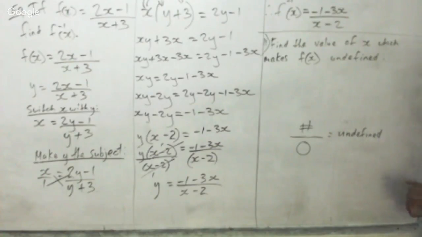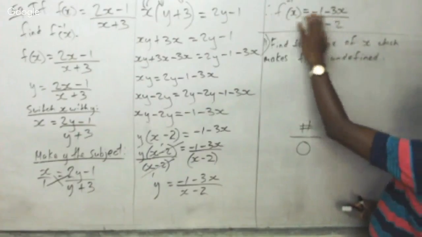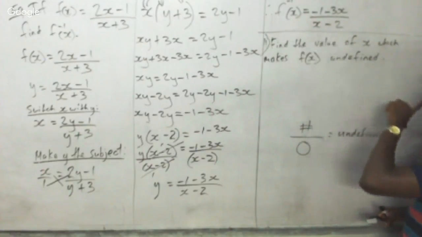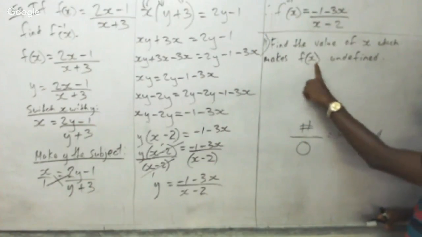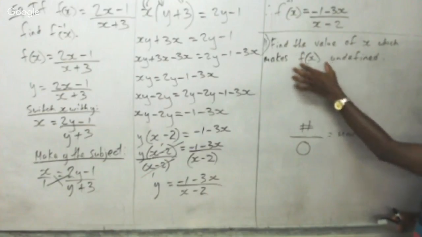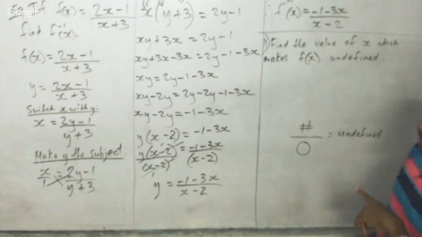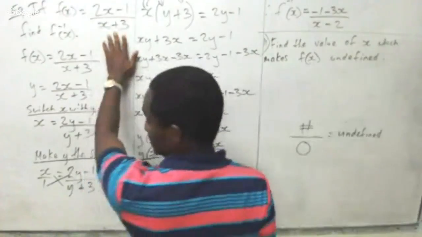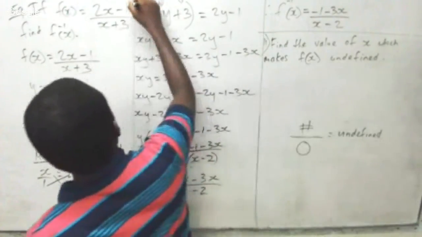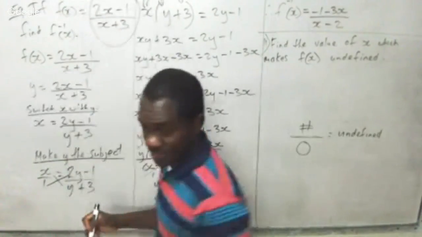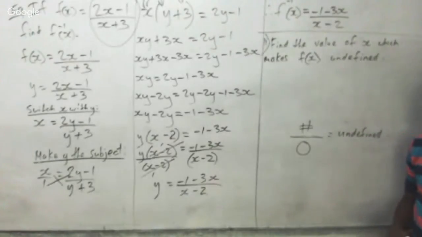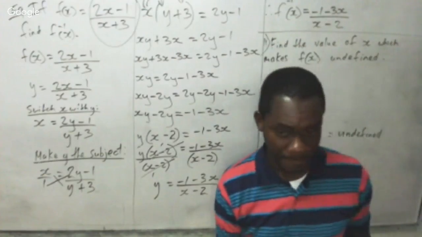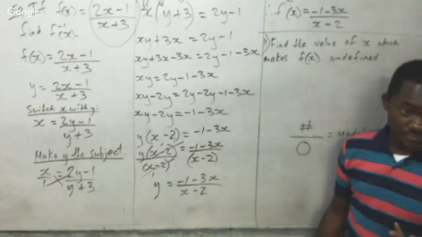If I want to make the function undefined, this is the inverse, don't mix yourself up. When you go in the exam, it's the function we're talking about. Find the value of x which makes f of x undefined. F of x is over here. It's a fraction, so for us to make the fraction undefined, the denominator has to be equal to 0.